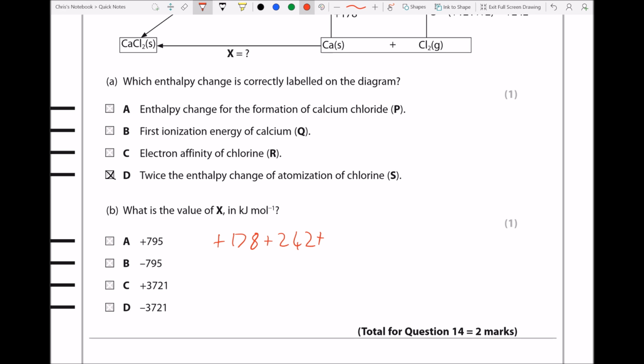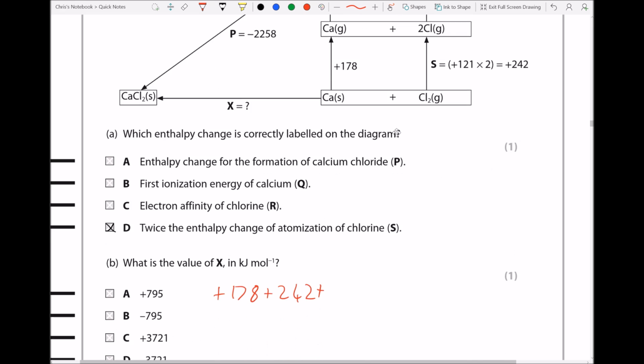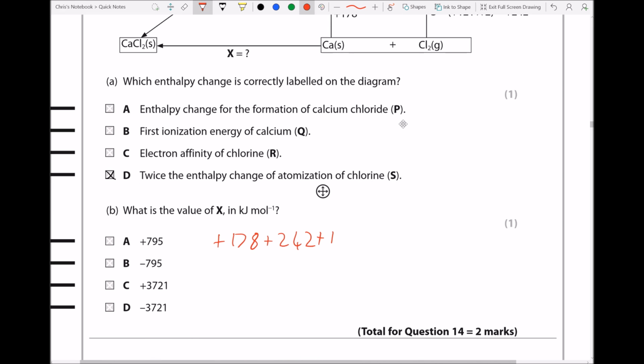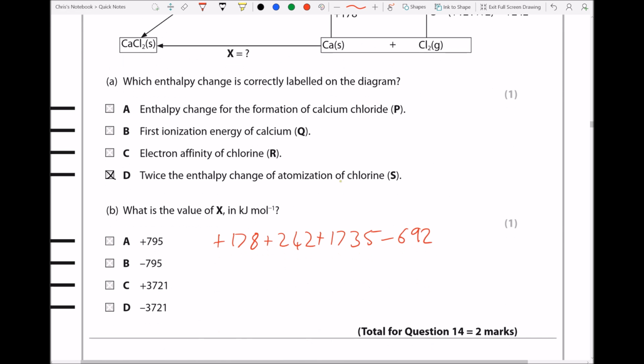plus 1735, that one, and minus 692. So I'm going to add them as well. So it's plus 1735 minus 692. And then we've got the last step, which is basically going down to where we need to be, which is minus 2258.